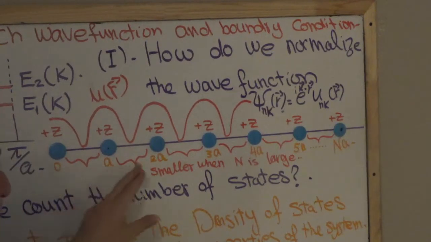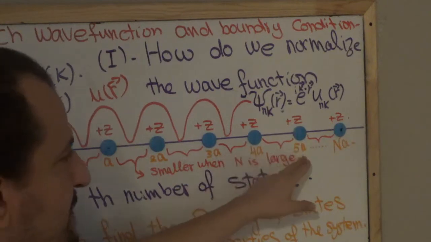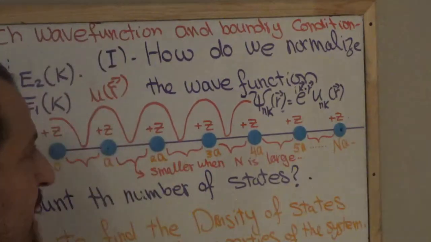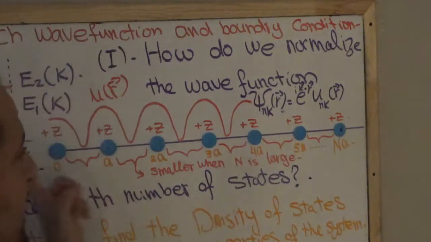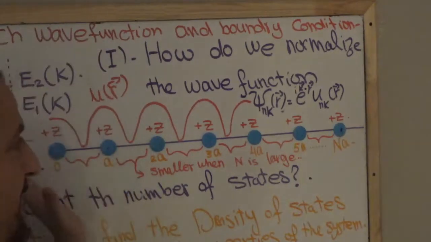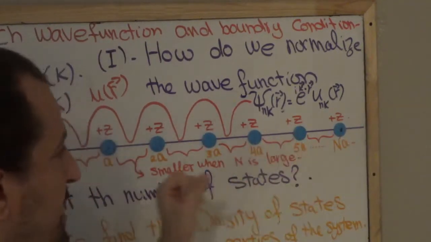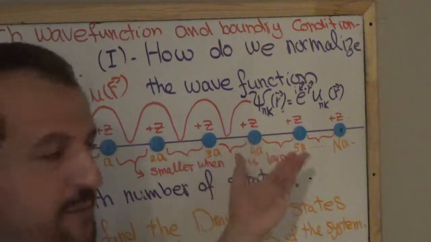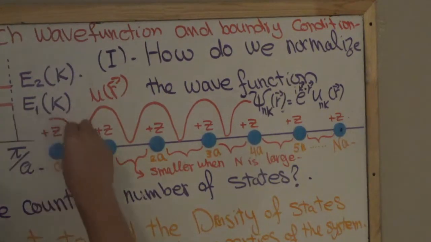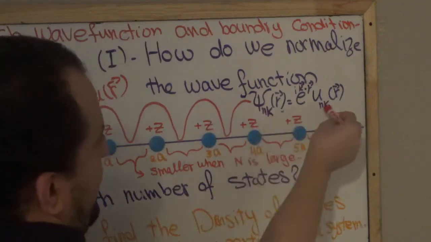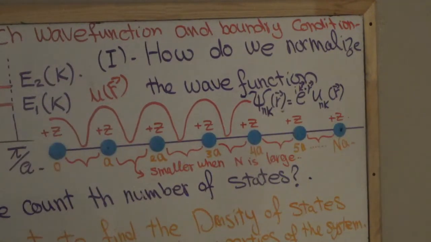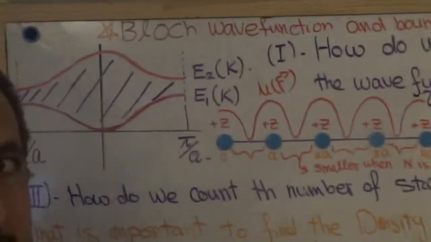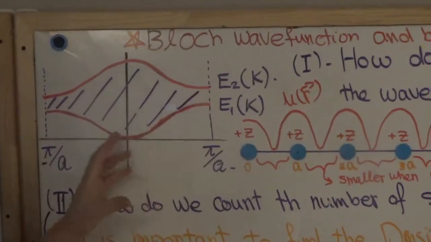So we have 0, a, 2a, 3a, 4a, 5a, and then Na. This N can be any number, maybe 1000, I don't know. I have a huge number of atoms along this horizontal line, so this is considered an array of atoms. This can be considered a one-dimensional lattice. I just tried to help you see the periodic wave function. Now we ask ourselves this question. That's very nice. And also, guys, we know the energy levels for this kind of system.